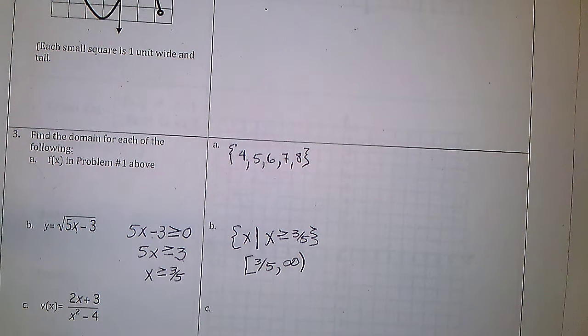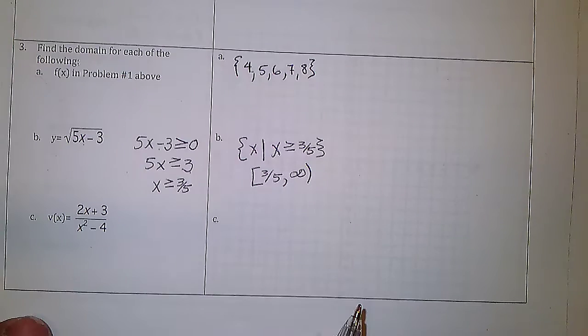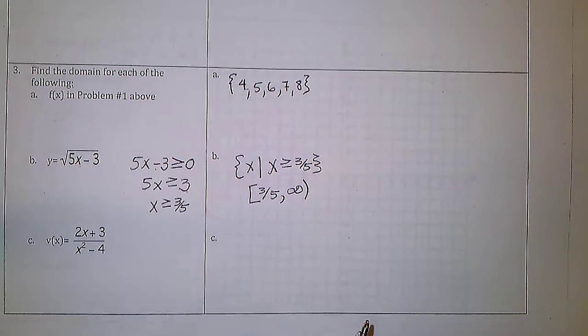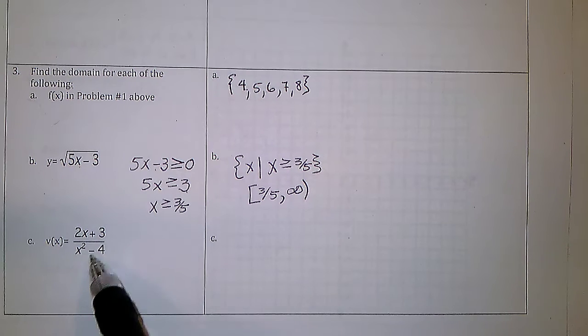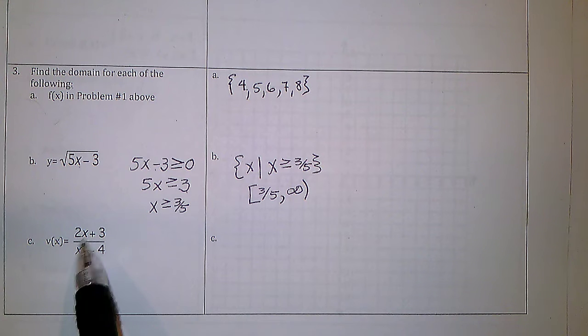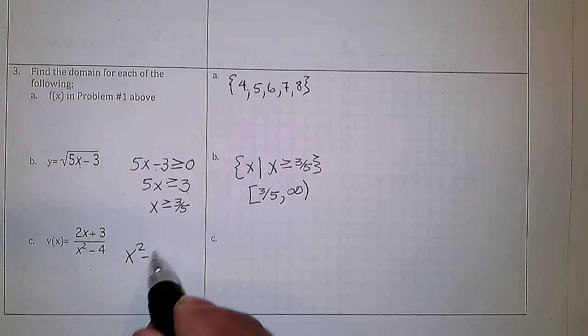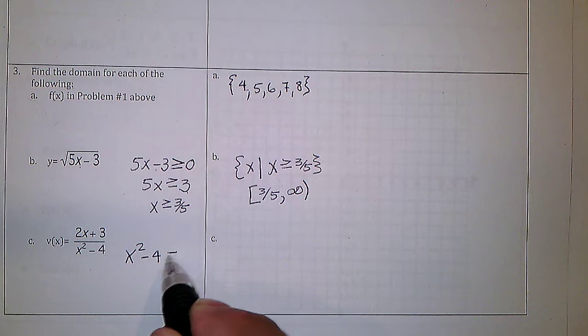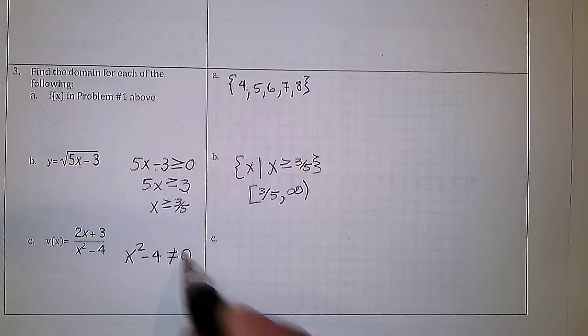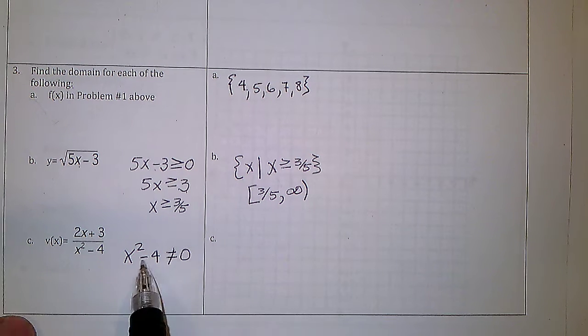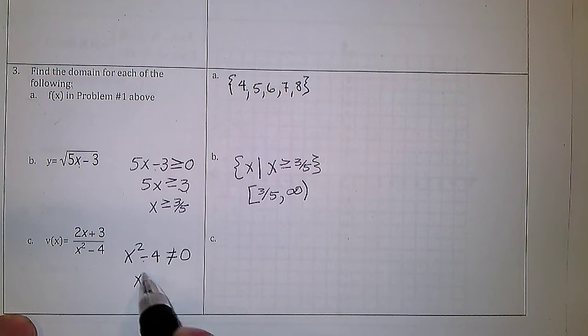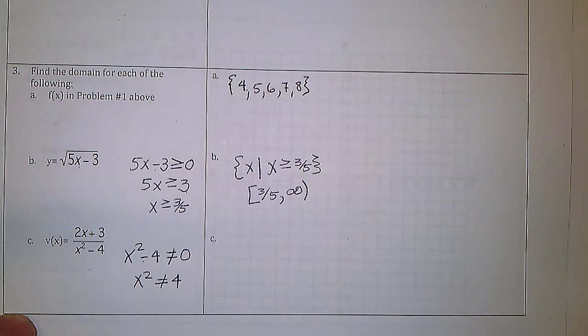Notice I'm showing my work where I need to. C. Well, this one has division. Numerators can be zero, but denominators can't. So the x squared minus 4 cannot equal 0. So if I add 4 to both sides, I have x squared cannot equal 4.